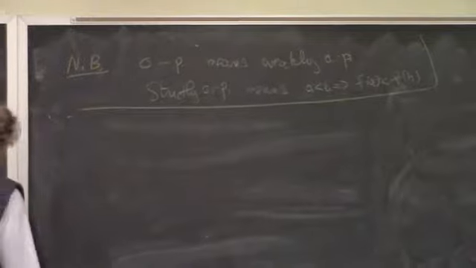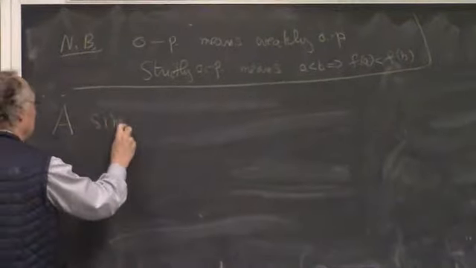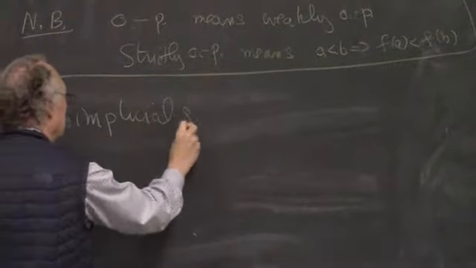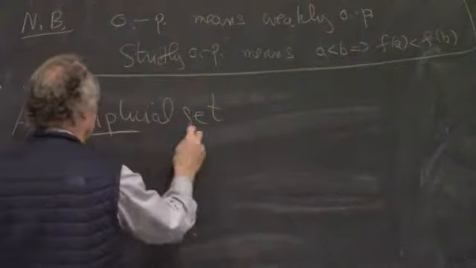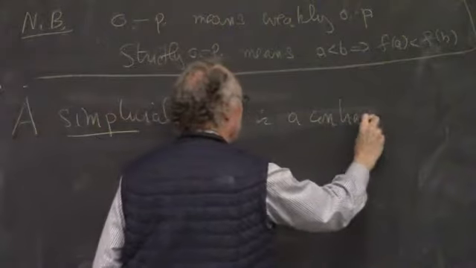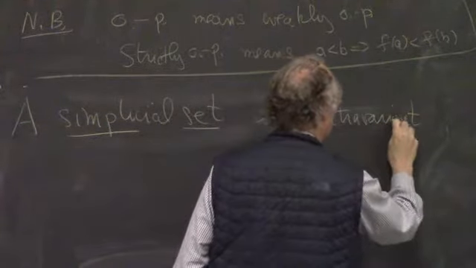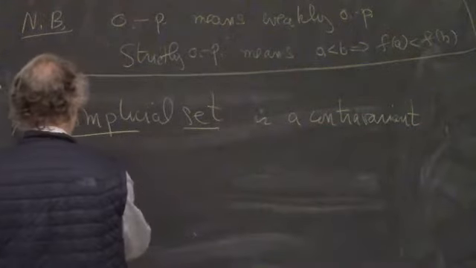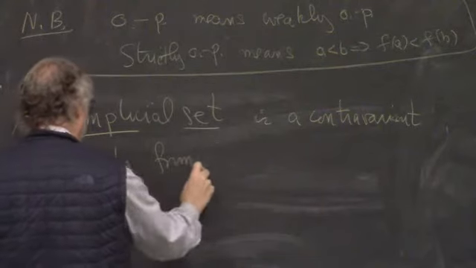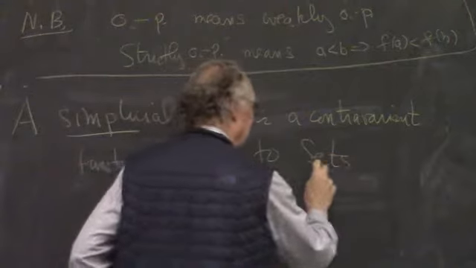Okay, so that's the category. A simplicial set is a contravariant functor from this category I just defined, Delta, to the category of sets and set functions.